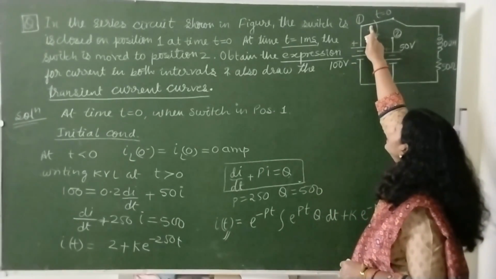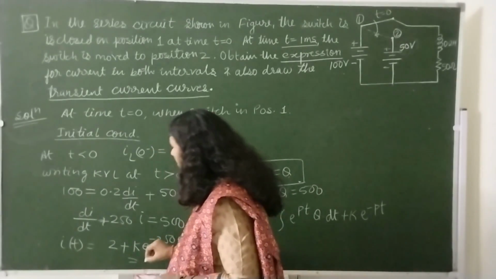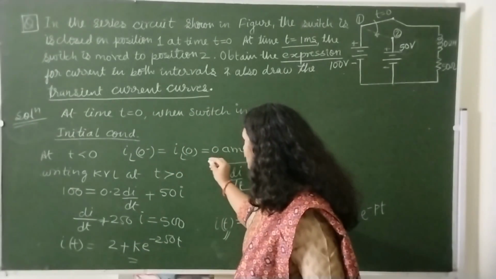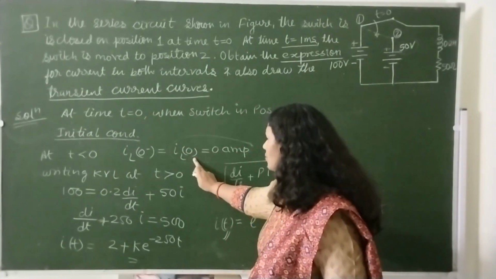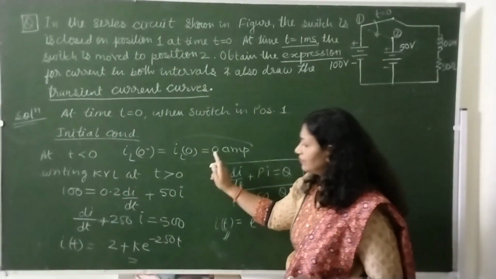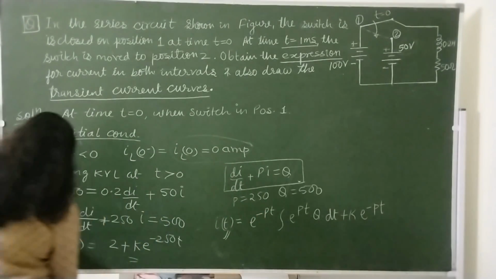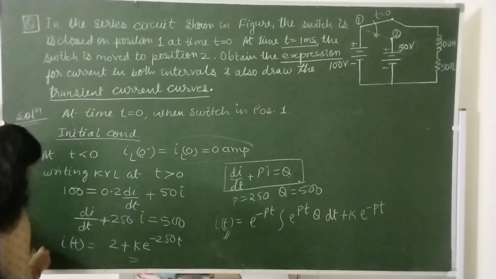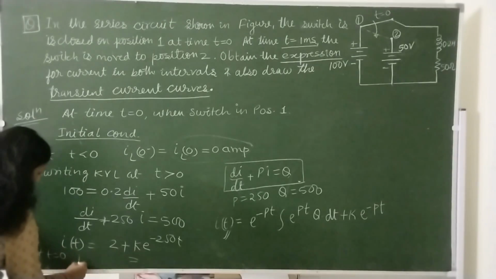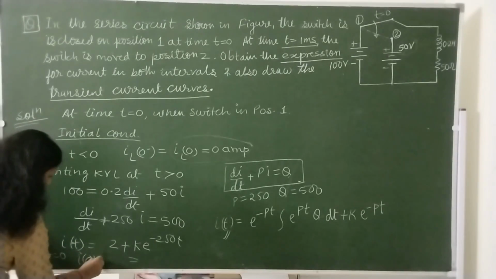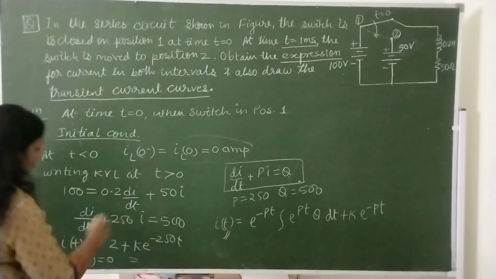Okay, now we can find the value of k by using the initial condition. What is our initial condition? This iL(0) is 0 ampere. So put t equals 0. At t equals 0, i(0) is nothing but 0 ampere.